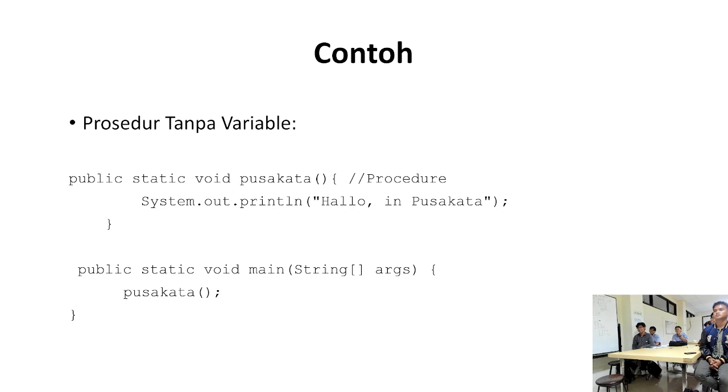So there is some example. Procedure without variable: public static void pusakata, System.out.println Hello in pusakata. Yeah. Anyone knows Pusakata? Payung Teduh.